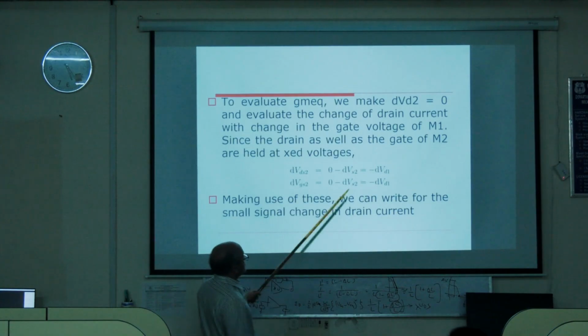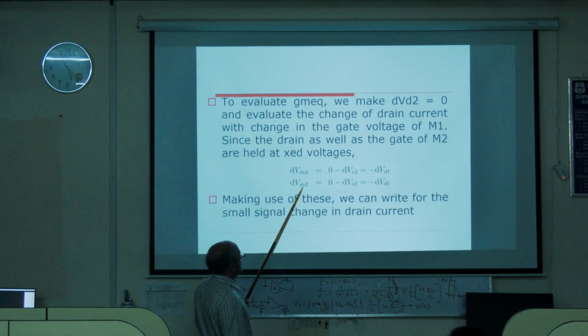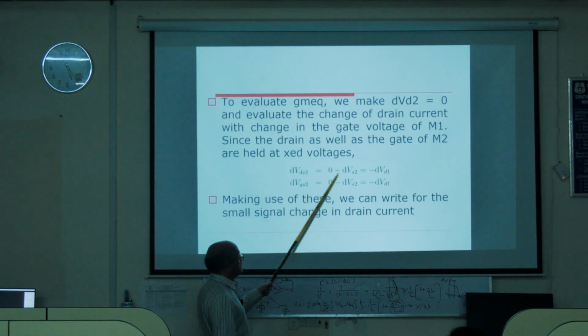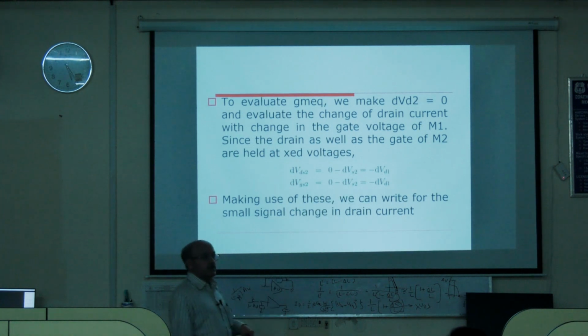So Vs2 is same as Vd1, and what is this 0 here? Because dVd2 minus dVs2, dVd2 we have made it as 0. Why is dVd2 made 0? Because we want to calculate Gm effective.